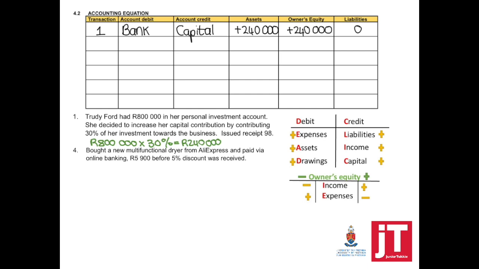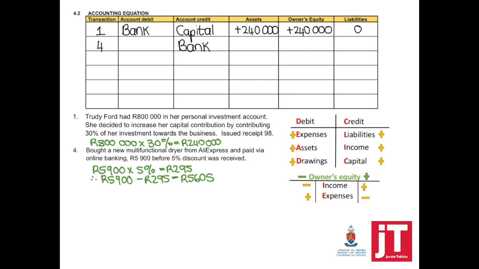On day 4, bought a new multifunction dryer, AliExpress, and paid via online banking 5,900. So reminder, we said you can either say 5,900 times 5% and then subtract it, or you could have just said 5,900 times 95%.